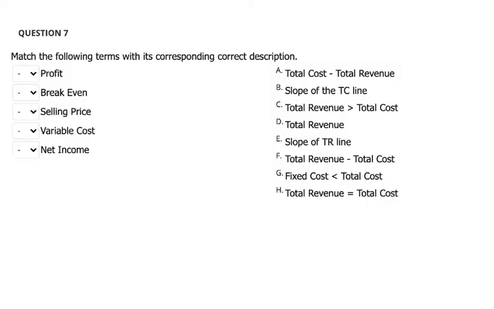Okay, this is just a vocab refresher, and we need to match the word with the definition. First thing I will talk about, I'm going to skip down to the very bottom, net income. There's a definition for net income, and it is when you take the total revenue, how much you collected from sales, and then you subtract the cost and see what is left over.